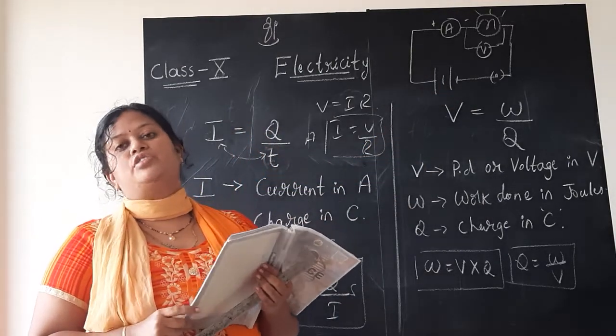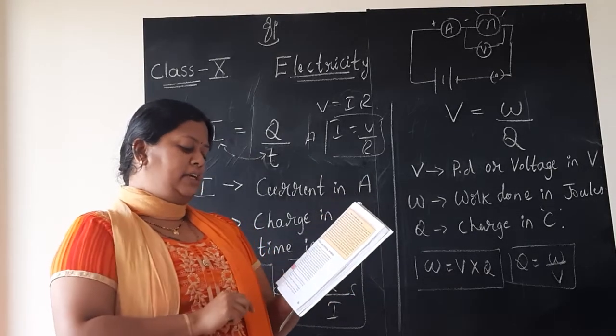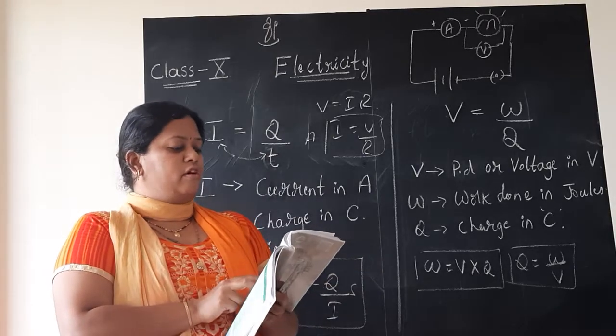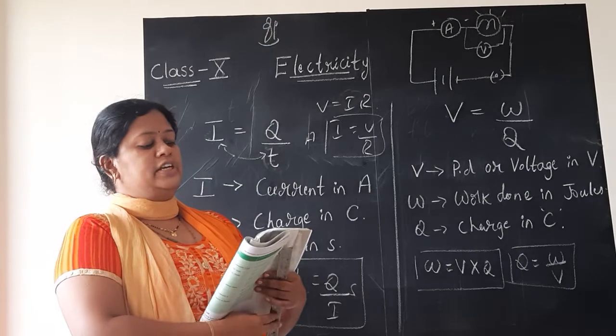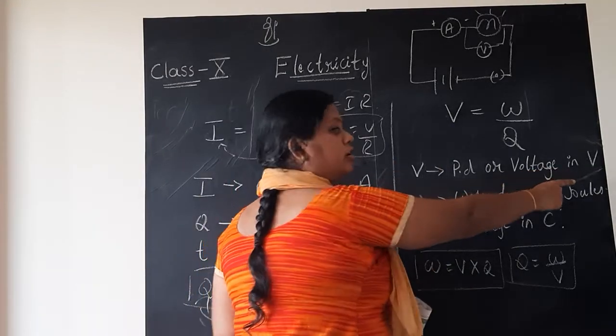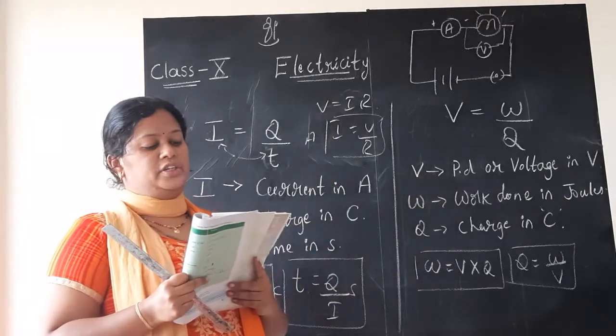This is the definition for the voltage or the potential difference which you need to study. Go through the textbook, children. Next you have the formula V is equal to W by Q, and here you have the definition of 1 volt. Volt is the unit used to measure the potential difference.